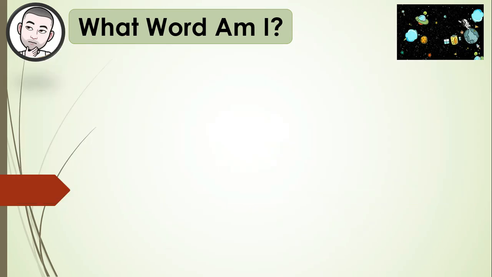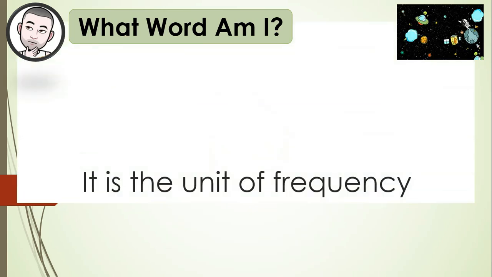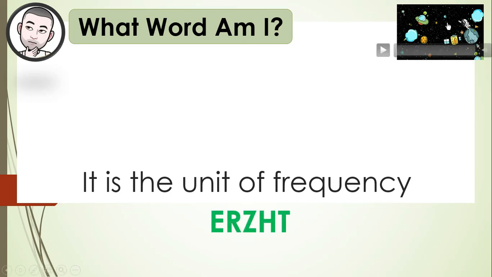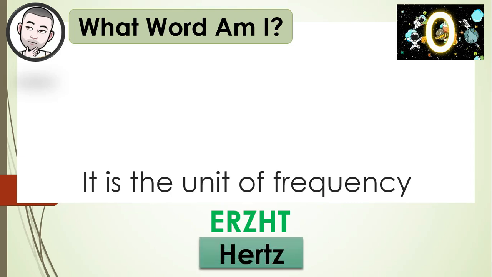Challenge number 7. It is the unit of frequency. These are the jumbled letters. Your 5 seconds start now. The correct answer is hertz. If you got all the correct answers, congratulations!